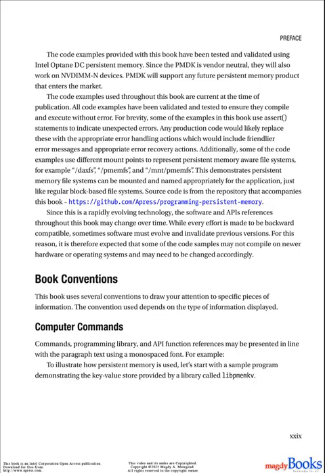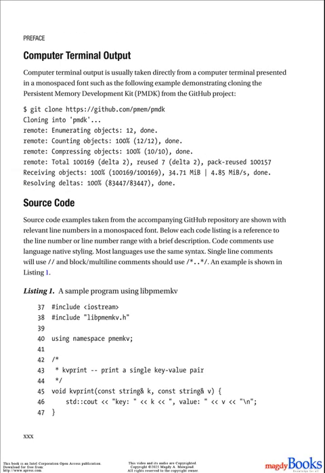For example, to illustrate how persistent memory is used, let's start with a sample program demonstrating the key-value store provided by a library called libpmemkv. Computer terminal output is usually taken directly from a computer terminal and presented in a monospaced font, such as the following example demonstrating cloning the Persistent Memory Development Kit, PMDK, from the GitHub project.